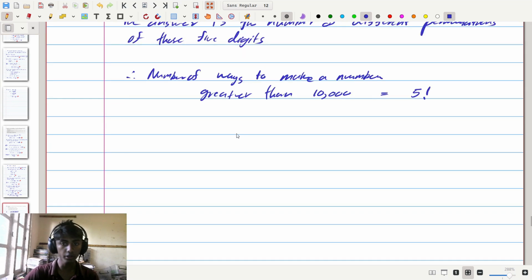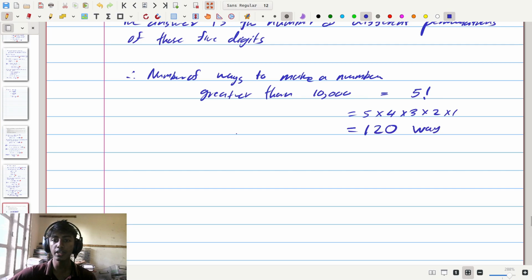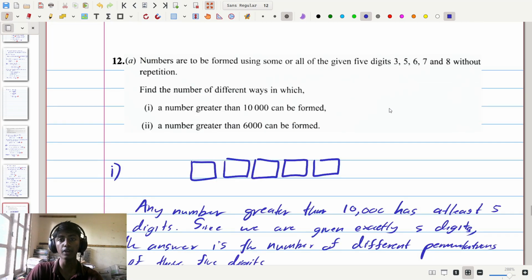Now 5 factorial is equal to 5 times 4 times 3 times 2 times 1 based on the definition of factorials. And simplifying this down, we can see 5 times 4 is 20, times 3 is 60, times 2 is 120, times 1 is still 120. And therefore 5 factorial is equal to 120. So there are 120 ways to create numbers greater than 10,000 using these 5 digits.